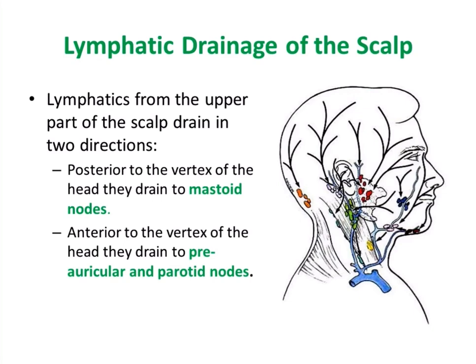From both sides, when we draw a line, they form a circle. For that reason, we call it the circular group of the lymph nodes.